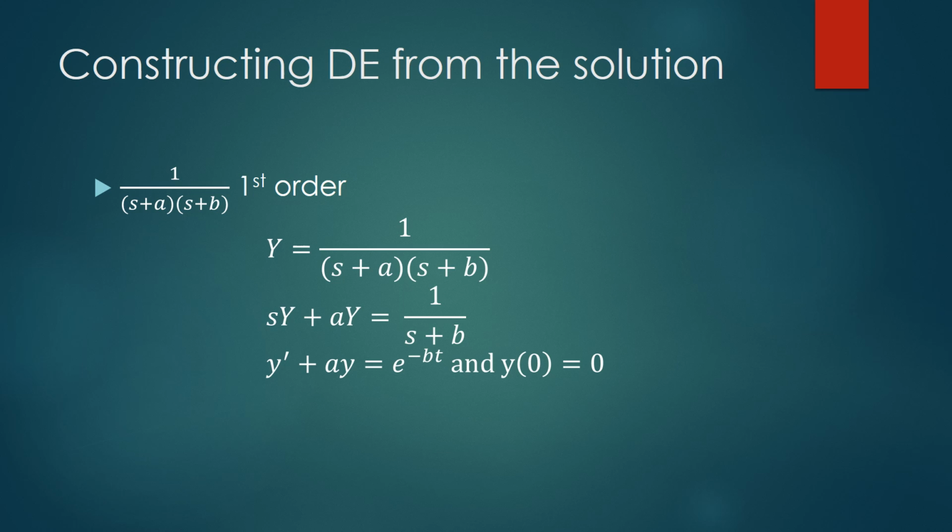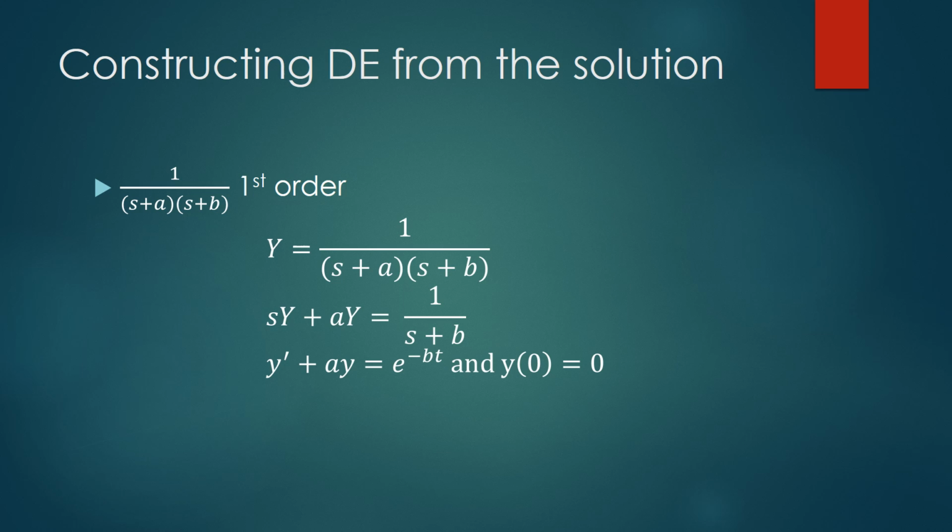For this example, I take s plus a to the left side and multiply it with y. It becomes sy plus ay equals 1 over s plus b.